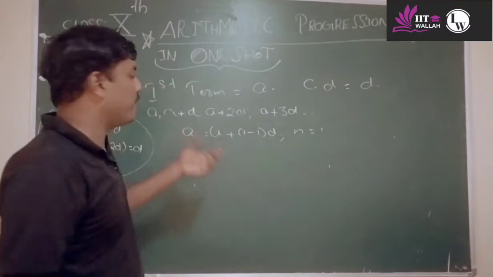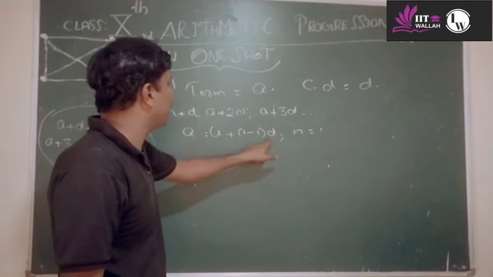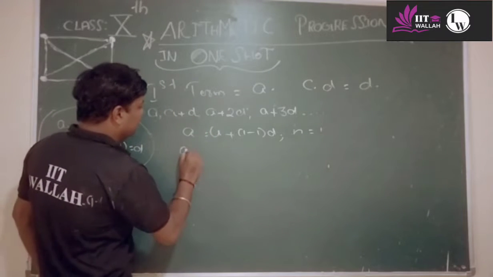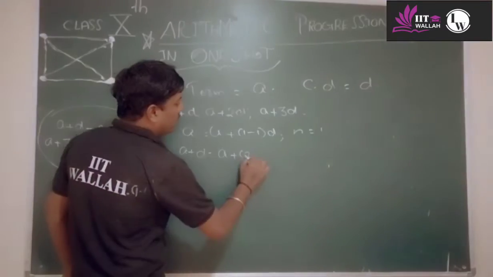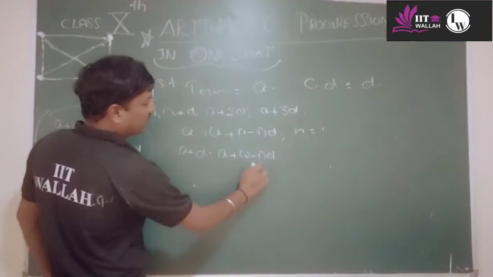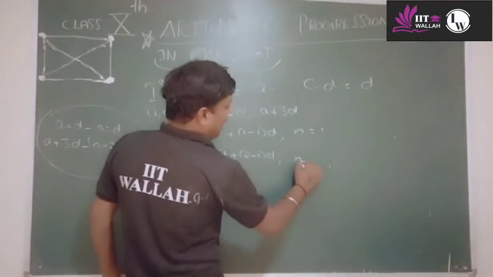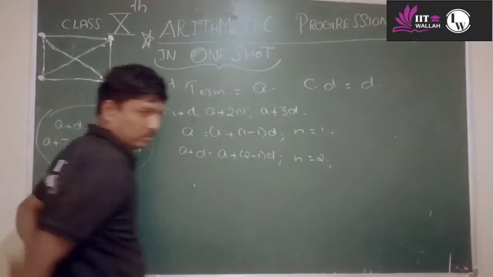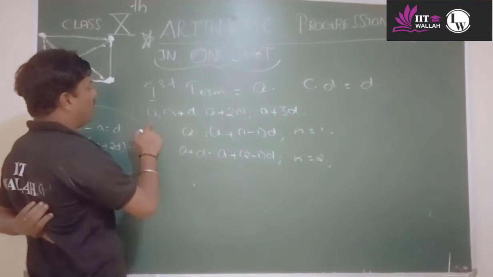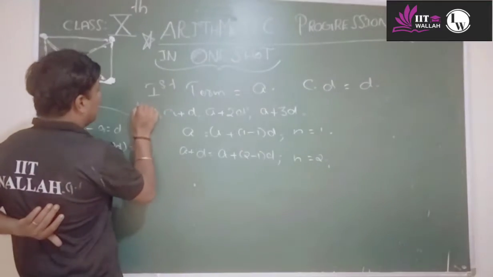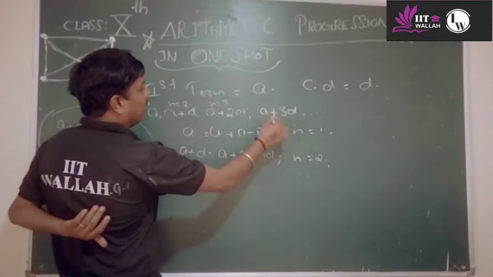So here, if n equal to 1, it is A plus 1 minus 1 into D. And A plus D, this is the second term. A plus 2 minus 1 into D. See, 2 minus 1 is 1, so A plus D will come, where n equal to 2. Two terms, that is the meaning. Here n is equal to 1, here n is equal to 2, here n is equal to 3, here n is equal to 4.